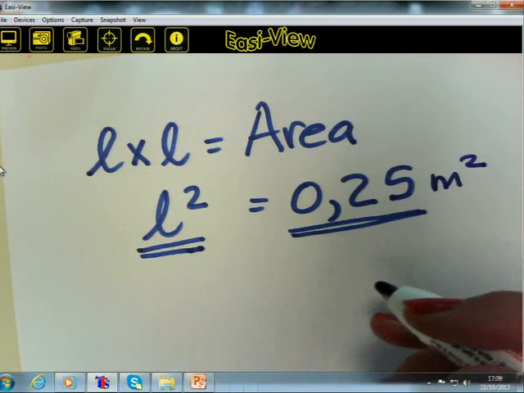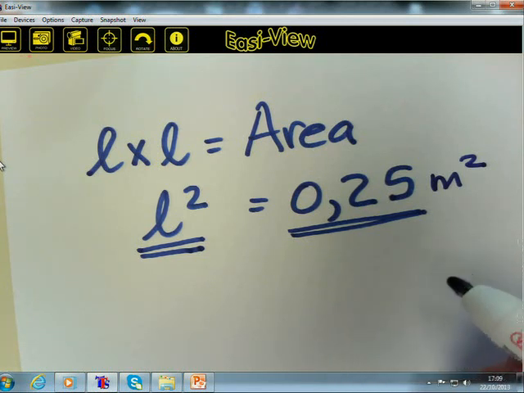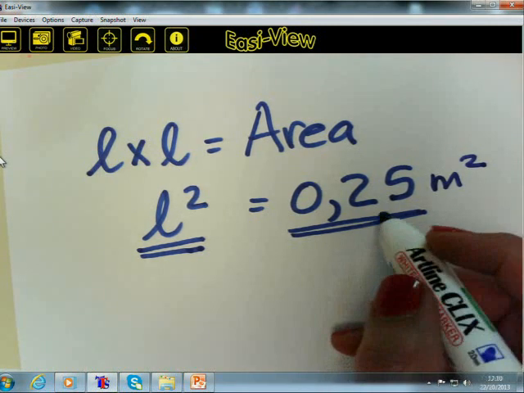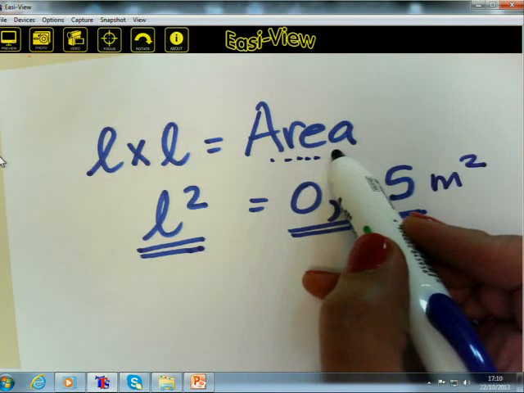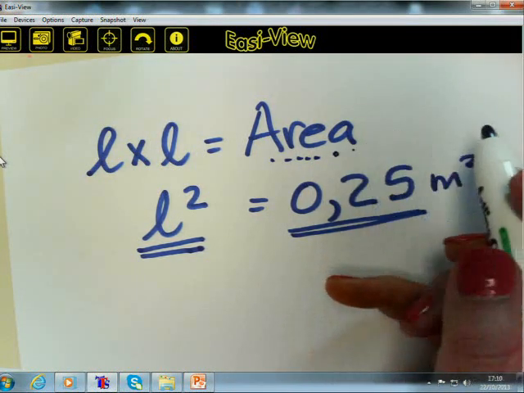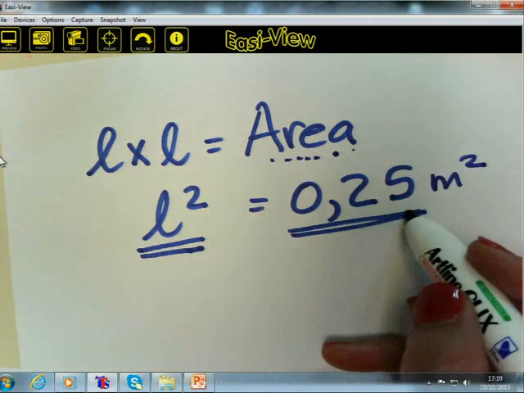And this is normally the kind of question that we get in paper 2. So you must be on the lookout, because now we have to change the subject of the formula. When we change the subject of the formula, it means that they actually give us the answer, and we want to know how they got to the answer. Now, if I square the L, I get 0.25.